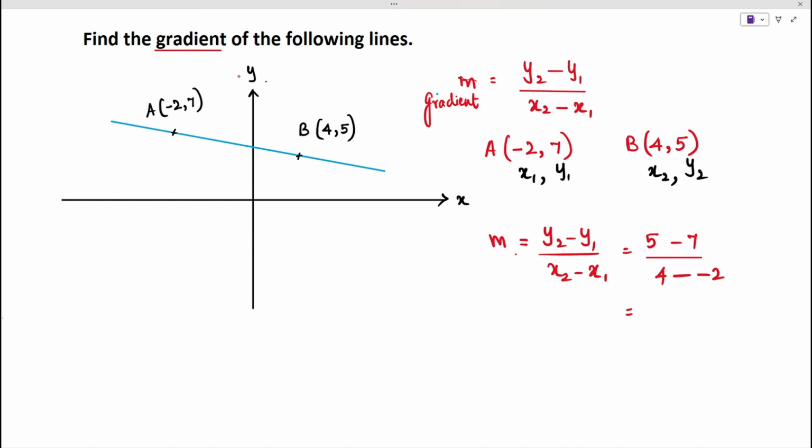This gives us 5 minus 7 is -2, and 4 minus -2 is 6. This simplifies down to -1/3. And so the gradient, which is m, is equal to -1/3.